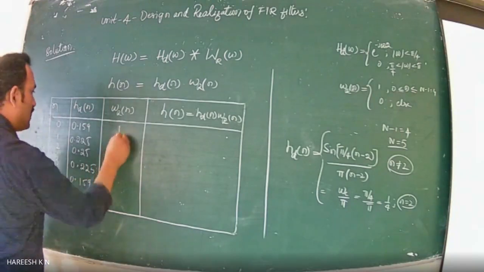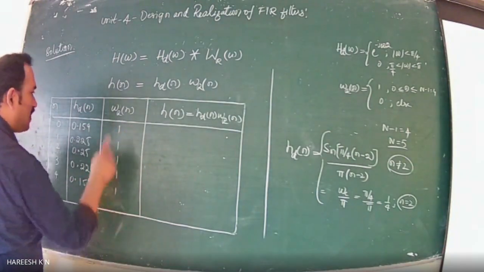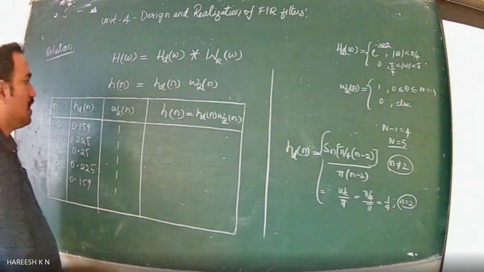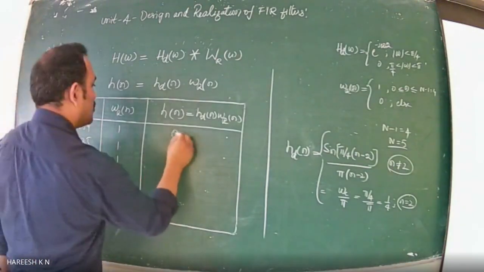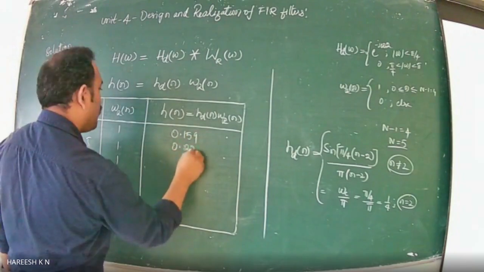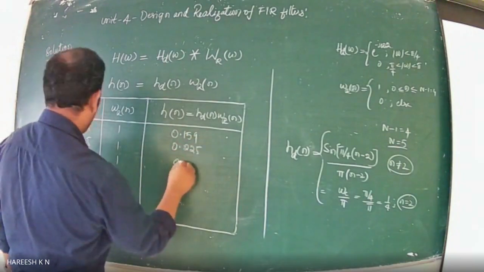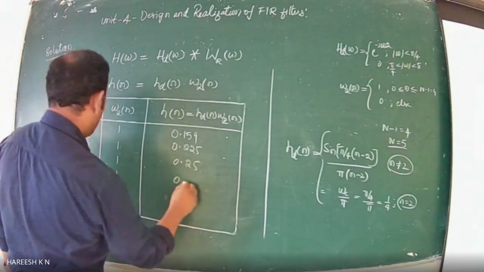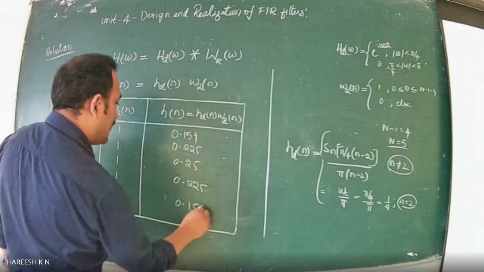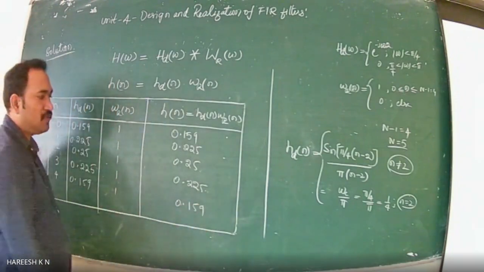And the window function is always 1 for that range 0 to n minus 1, and 0 elsewhere. Now the product of these two will be 0.159, 0.225 and 0.25, once again 0.225 and once again 0.159. Now compare with respect to the midpoint.